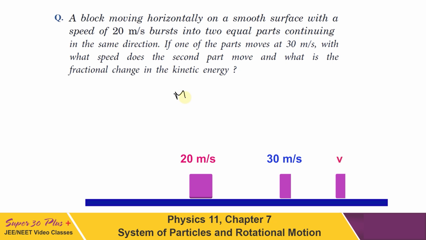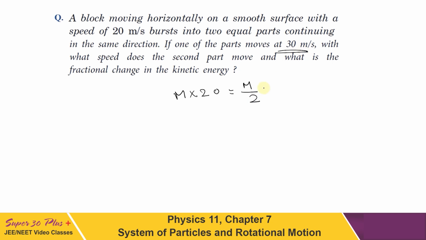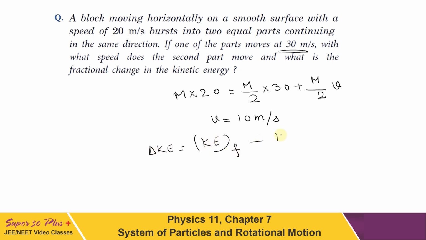As it has burst into equal parts, I am writing initial momentum m into 20 equal to m by 2 times 30, since one of the parts is moving with 30 meter per second, and for the remaining part, that is m by 2, let the speed be v. On solving this, v will come out to be 10 meter per second. So now we can write the change in kinetic energy will be equal to final kinetic energy minus initial kinetic energy.